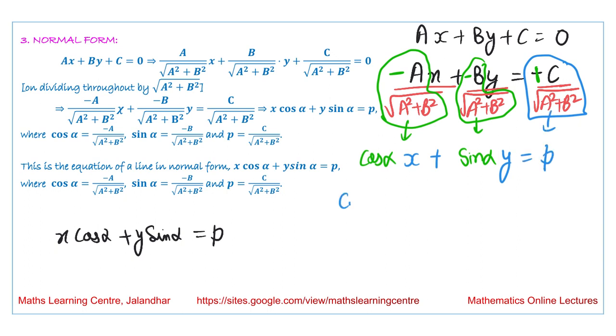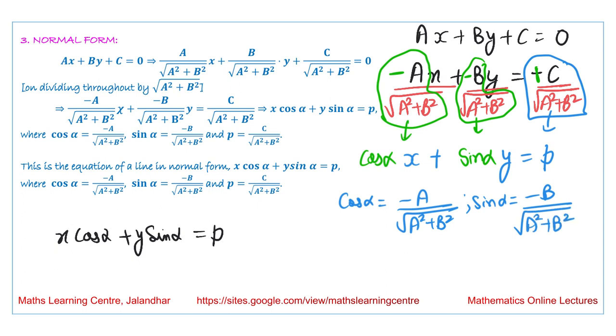So what we have obtained? We have obtained cos alpha is equal to minus a by square root of a square plus b square. Sin alpha is equal to minus b by square root of a square plus b square. And the value of p is c by square root of a square plus b square.